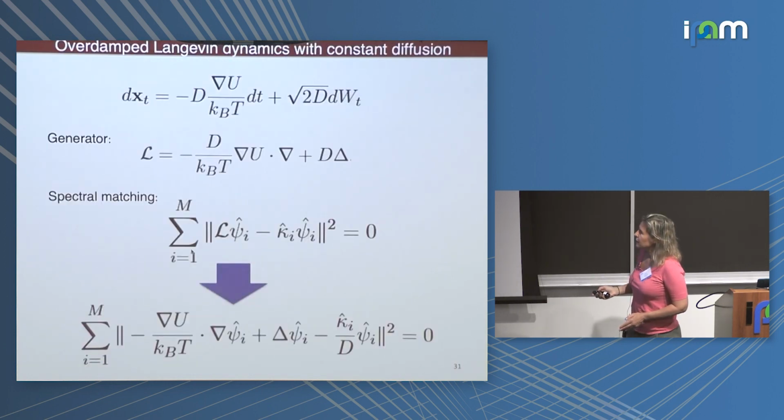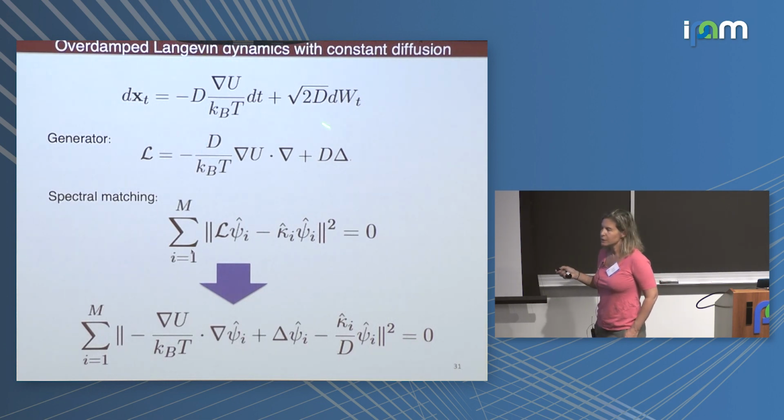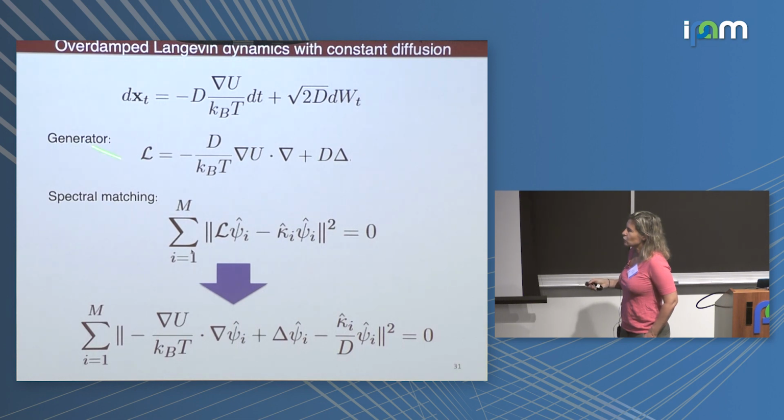And this is an example. We need to know what the dynamics of the original system is and what the dynamics of the projected system is, and we can assume that it's an overdamped Langevin equation. We can generalize it, but assuming here an overdamped Langevin equation with a constant diffusion constant, the generator of these dynamics is given by this operator here, where D is the diffusion constant, and there is the gradient of the potential here.